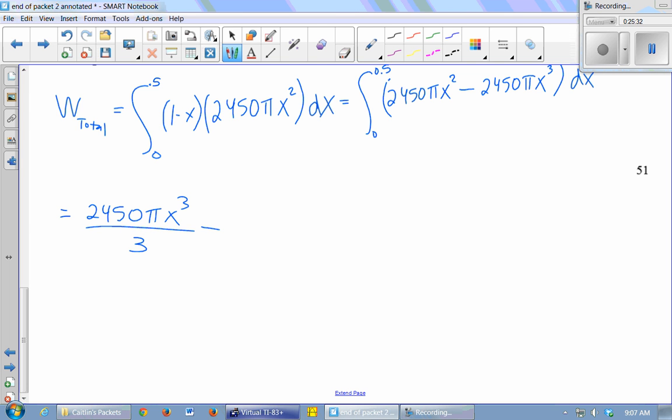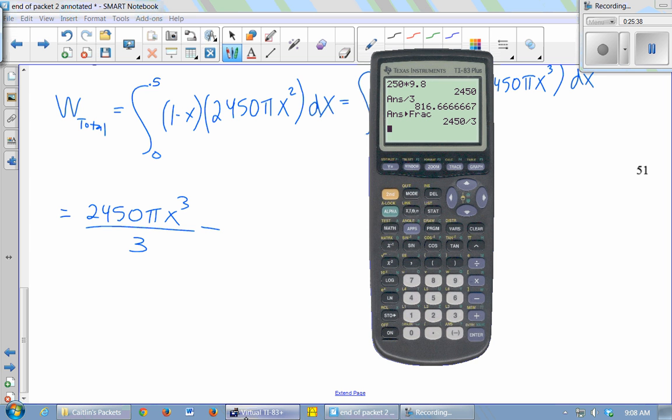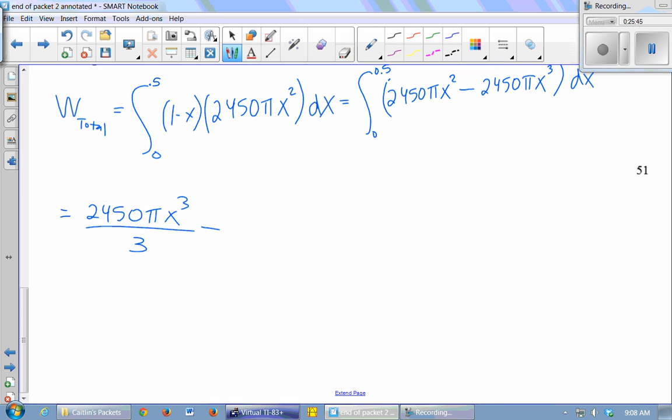And then the antiderivative of the next term would be 2,450 pi x to the 4th over 4, which is 612.5. So there's my antiderivative, and then I have to evaluate that from 0 to a half.